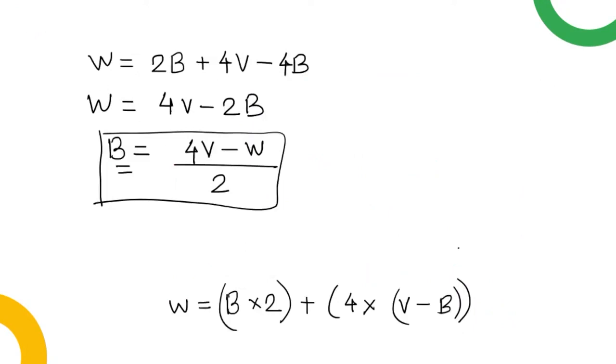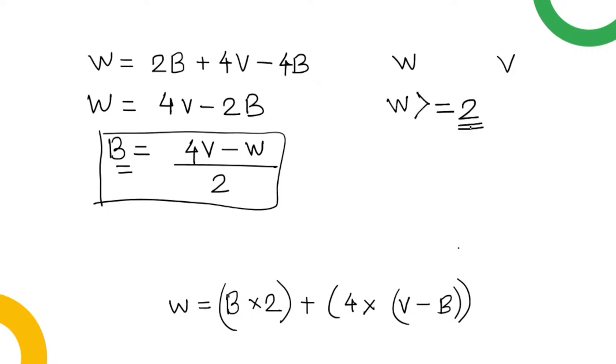The first constraint is about wheels. So for wheels I write W, and for vehicles I write V. The first constraint is that the number of wheels should be greater than or equal to 2.